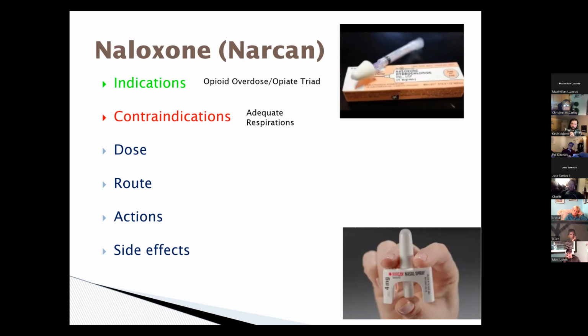So that's one of these clarifications. We are not giving people Narcan because they are on opiates. You will run calls where your patient is high on opiates, but that does not mean they need Narcan. The reason we give Narcan is specifically to raise their respiratory drive.